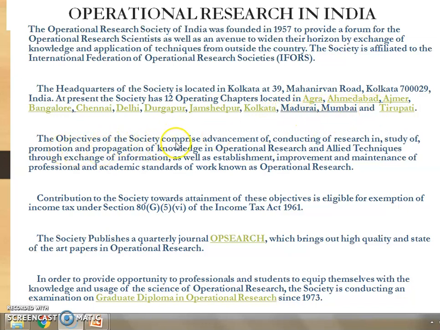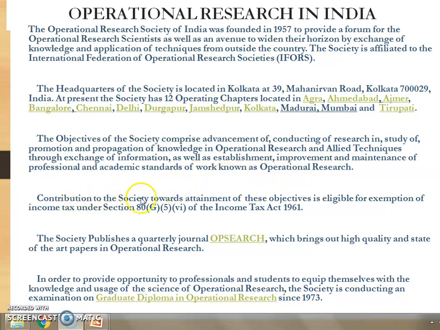The objectives of this society comprise the advancement of research and the promotion and propagation of knowledge in operational research and allied techniques through exchange of information, as well as establishment, improvement and maintenance of professional and academic standards of work known as operations research.